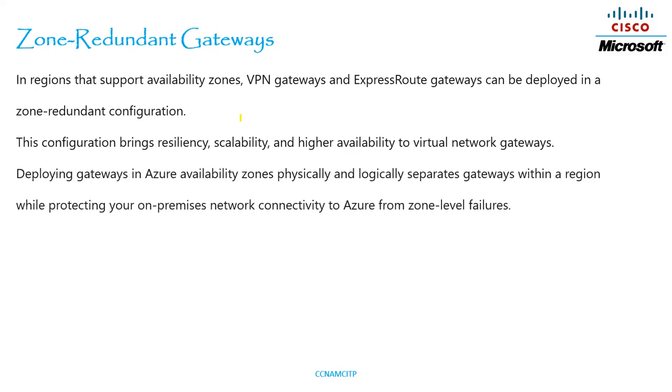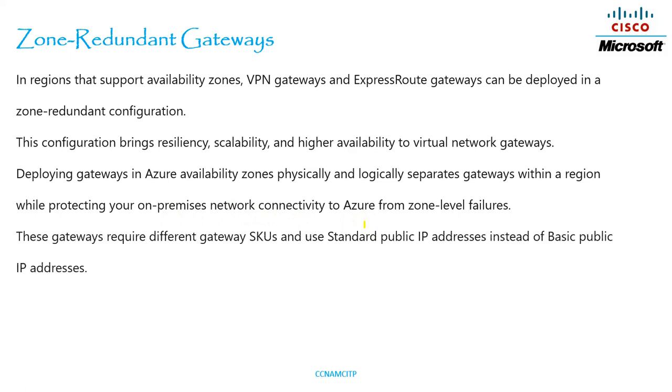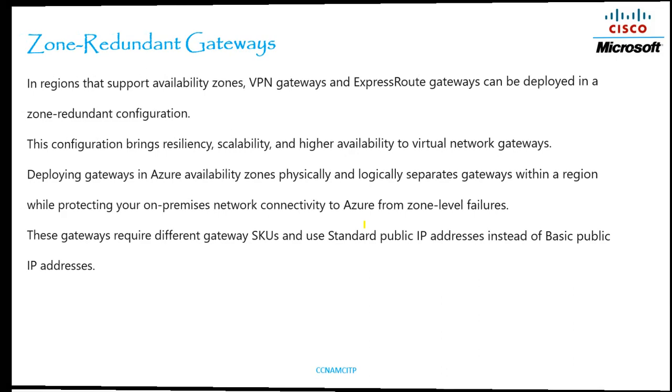Deploying gateways in Azure availability zones physically and logically separates gateways within a region while protecting your on-premises network connectivity to Azure from zone level failure. So all it is about is providing you service continuously. These gateways require different gateway SKUs and use standard public IP addresses instead of basic public IP addresses.